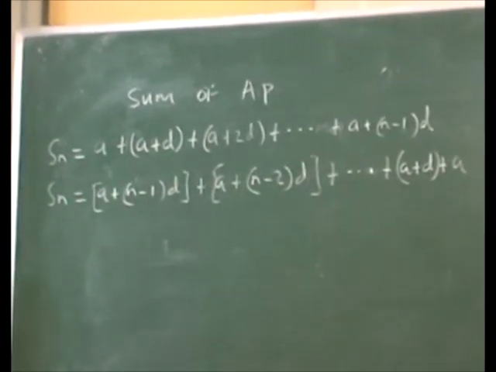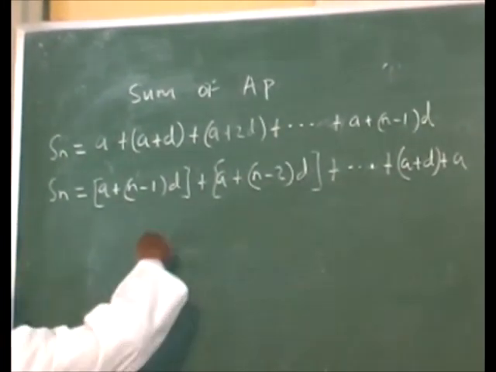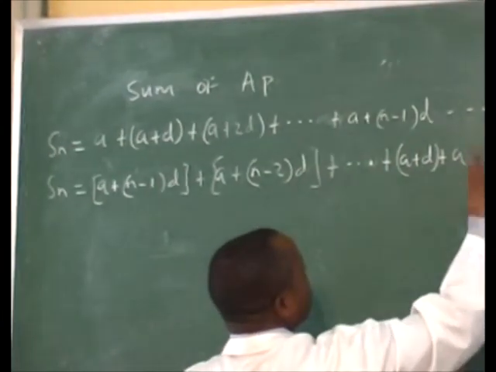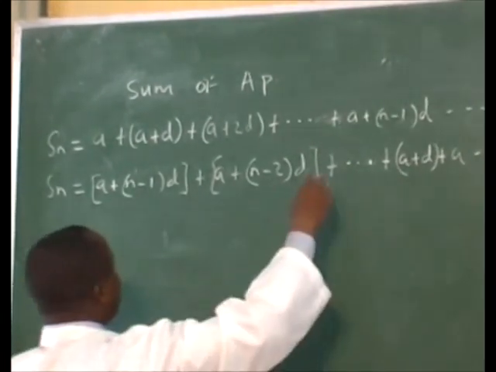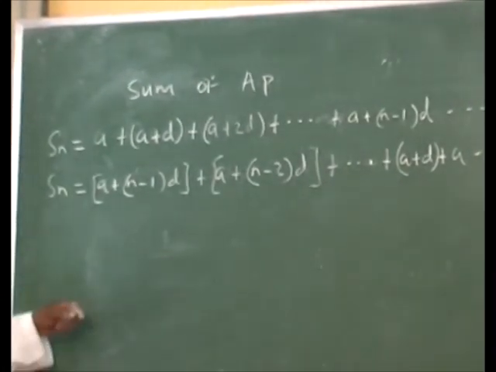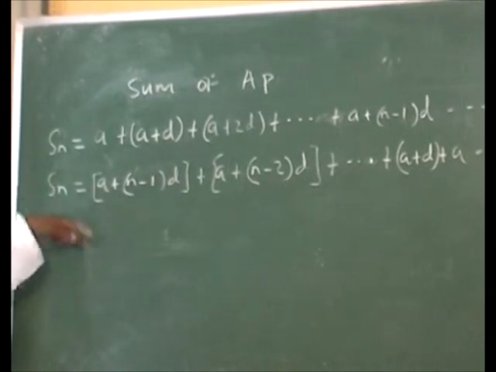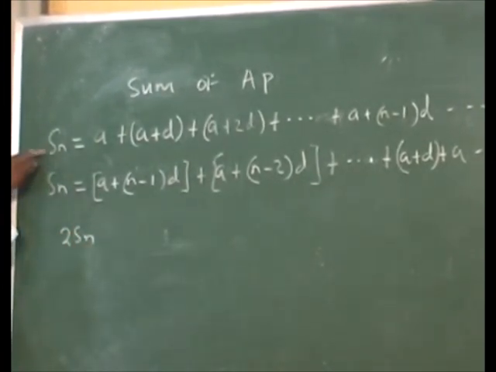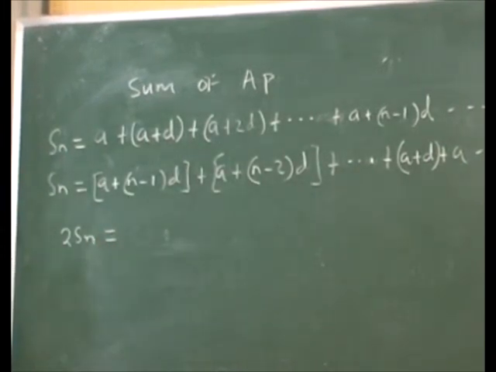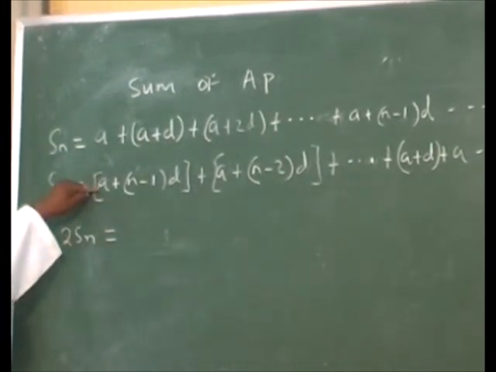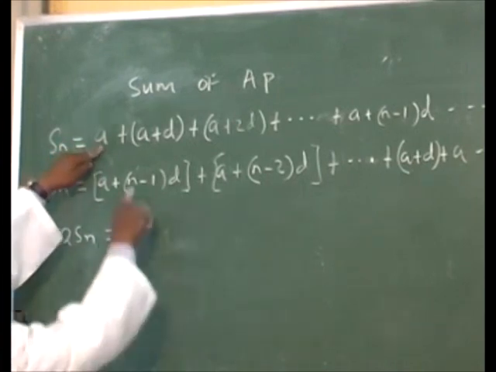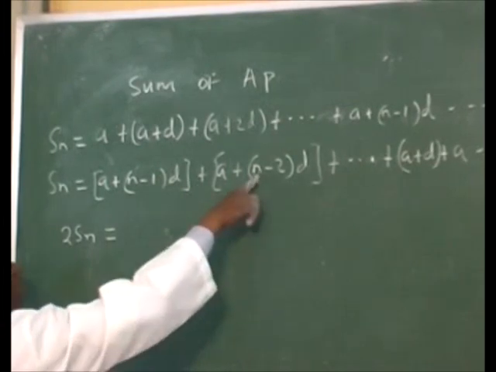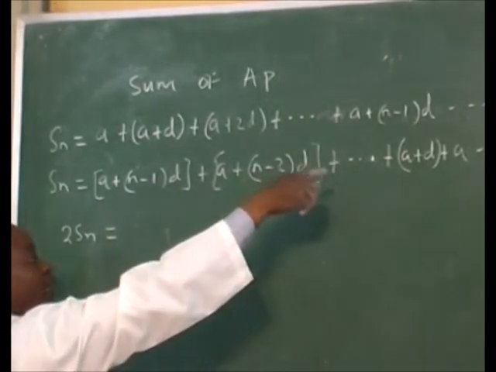Now what this means is, by the time I add equation 1 and 2 together term by term, I will have 2Sn equal to, this term going with this one. Remember, this one resembles the other one. The next one will be n minus 3.